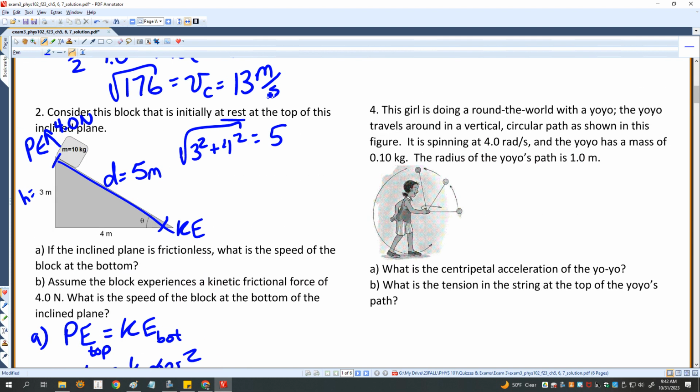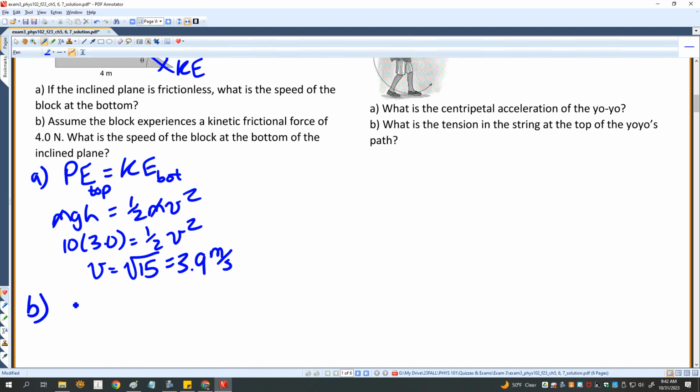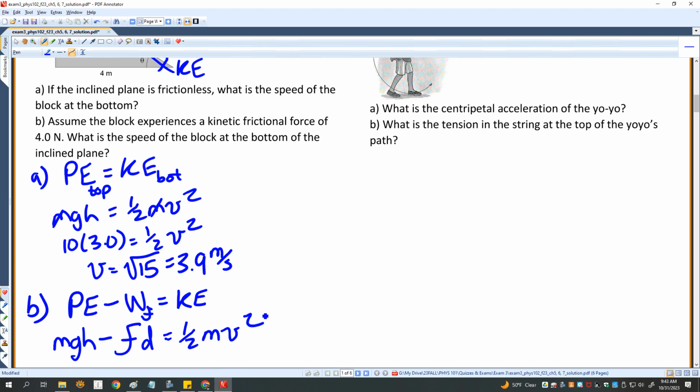So the way I'm going to think about this is the potential energy that it has at the top minus the work that's done by friction is equal to the kinetic energy at the bottom. There are other ways that you can think about it too, but I have this total amount of potential energy. I take away that work due to friction, and then that's equal to the kinetic energy. So that's mgh minus the frictional force times the distance over which it acts is equal to 1/2 mv squared.